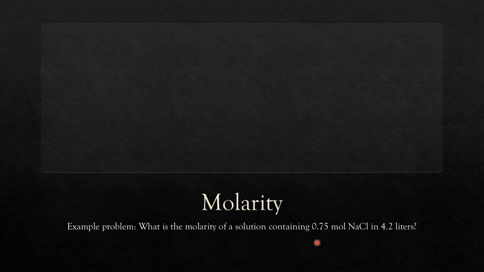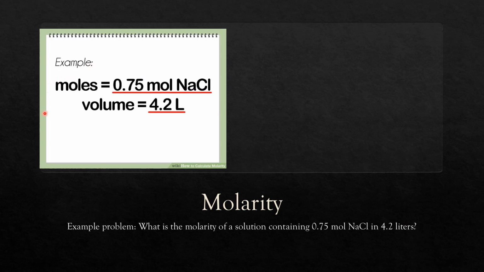We have two givens: the moles of a compound and the volume of our solution. To get the molarity, we first identify our moles, which is 0.75 moles of NaCl, and our volume, which is 4.2 liters.